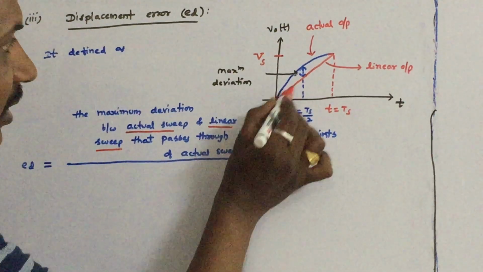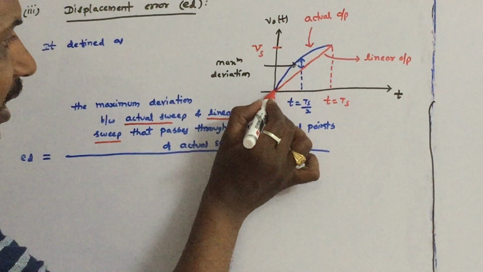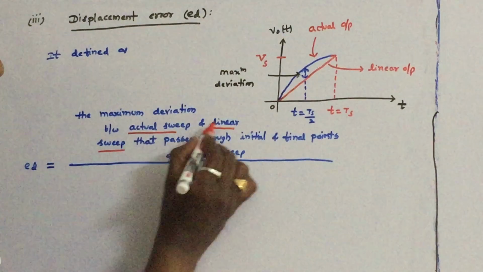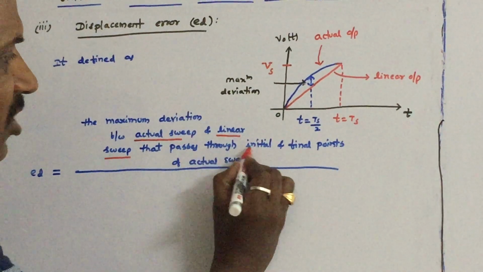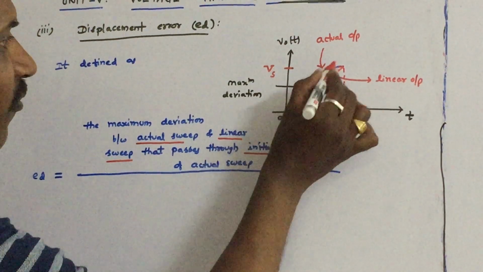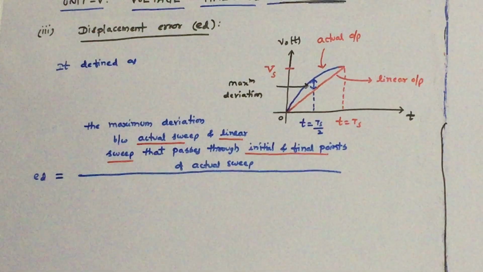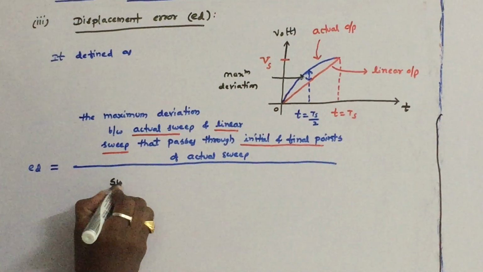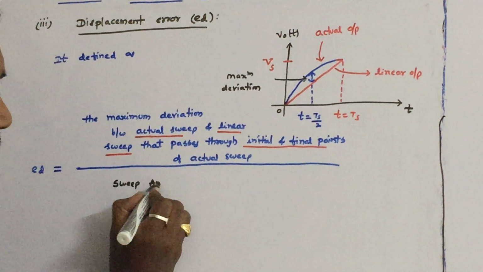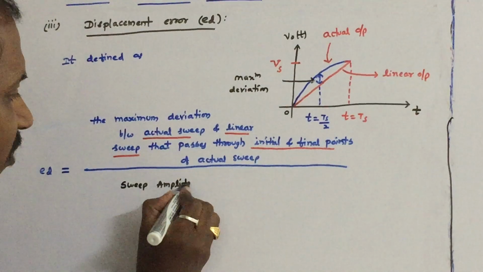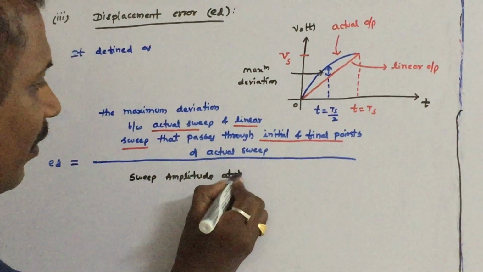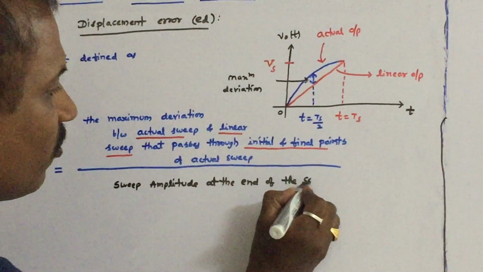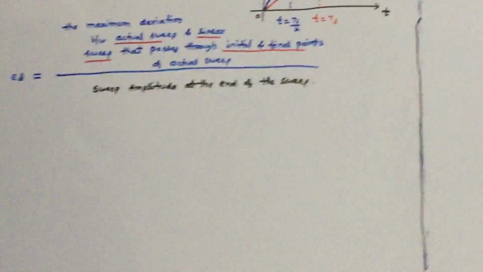The linear sweep must pass through the initial and final points of the actual sweep, divided by the sweep amplitude at the end of the sweep. So this is how the displacement error is defined.